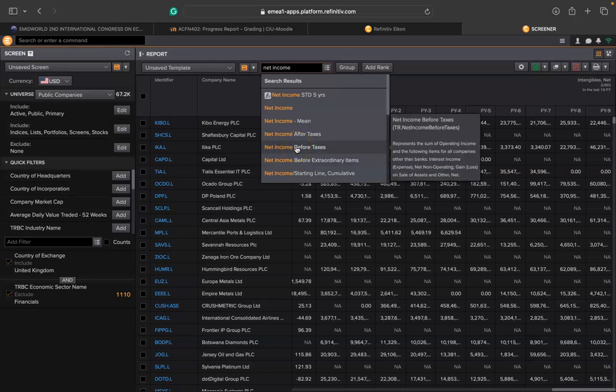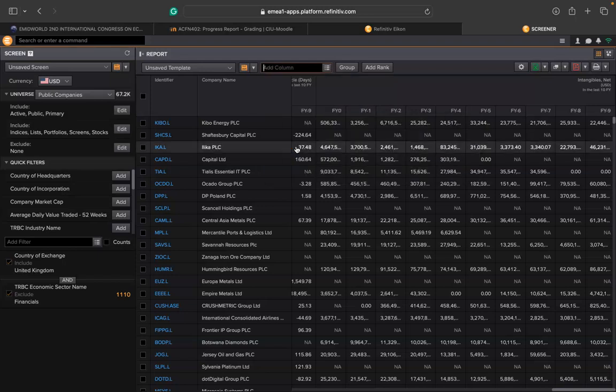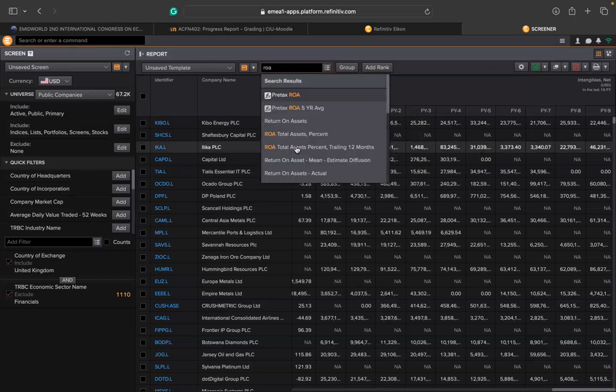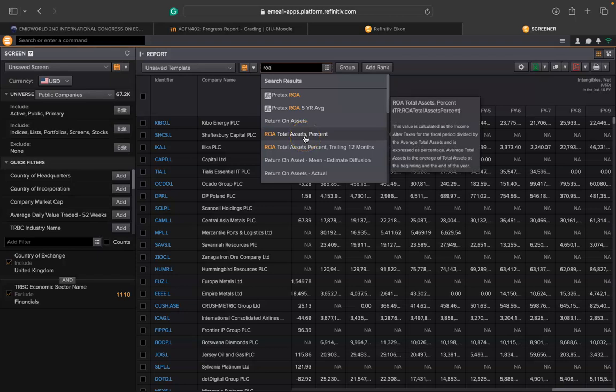So what I'm going to do, I'm going to select this one. Now, if you go and select just ROA, data is already over here in the form of percentage, but it uses after taxes for the fiscal period divided by the average total assets. So this is not what I'm looking for, because I'm following exactly the same thing they applied in this paper.